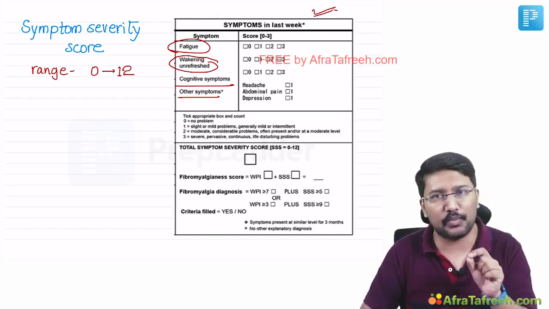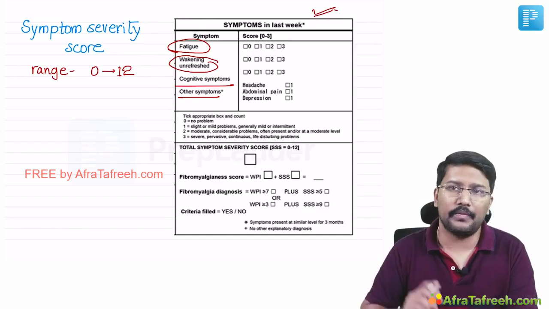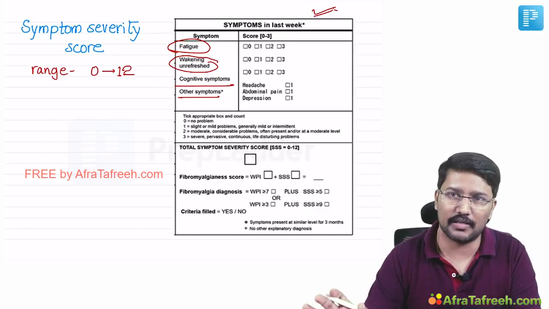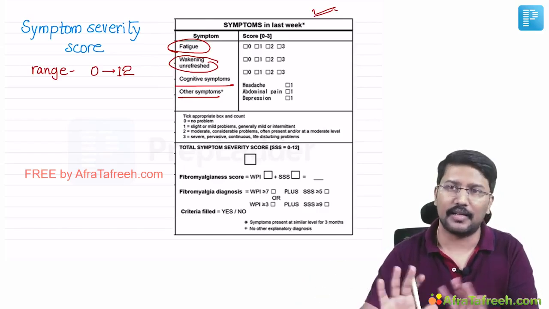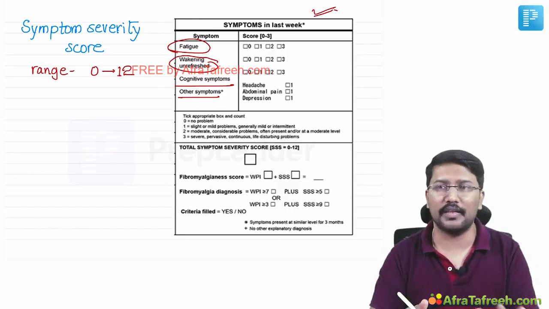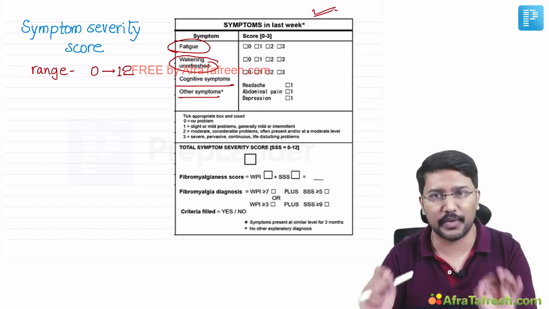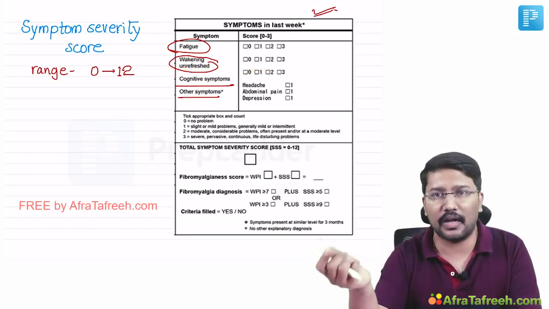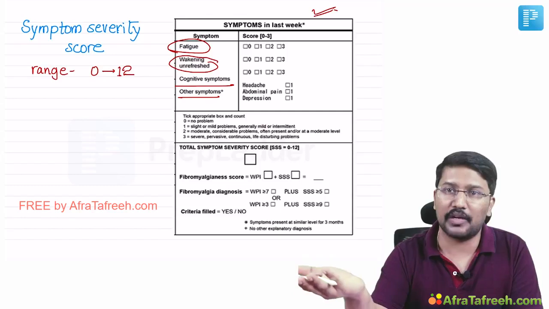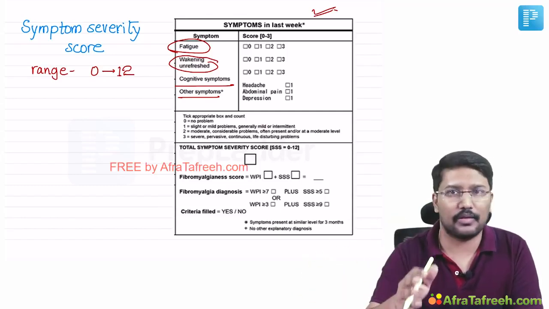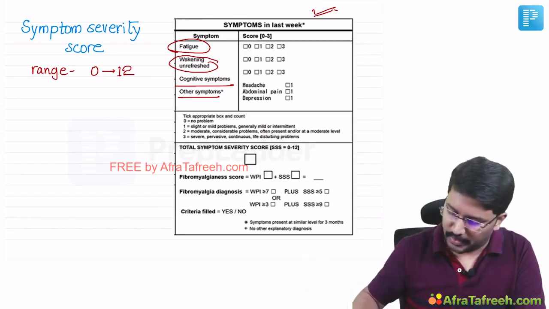One MCQ that is possible from this is they can ask you which of the following is not a component of the symptom severity score for fibromyalgia, right? And that is like a ditch ground, because if you have not studied fibromyalgia, then you will think pain is an important thing and should have been a component. You would probably answer depression, headache or abdominal pain. But the truth is pain is not a component because we are assessing it separately.